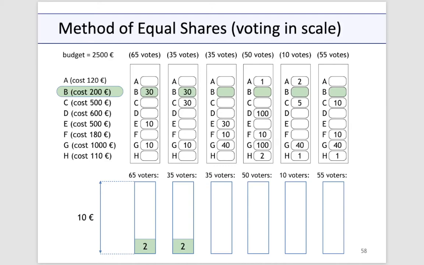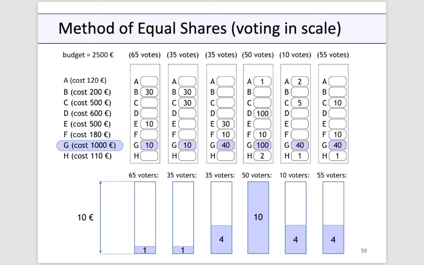For project B, this means that the cost should be distributed equally among those voters that assigned positive utility to this project. Indeed, in such a case, the voters would pay 2 euros and each of them would get 30 points of satisfaction per these 2 euros, which means 15 points of satisfaction per 1 euro.